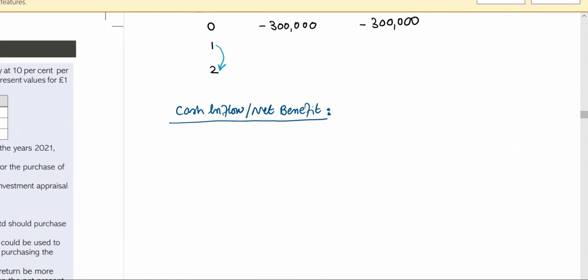So annual cash inflow will be the saving, equal to 325,000, less cost of 100,000. So this is the net benefit.